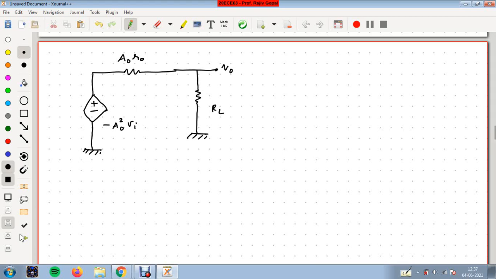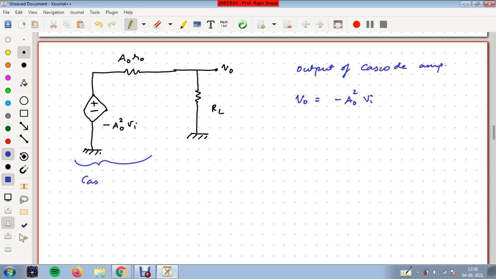So what is this? This part of the circuit. Okay, so I am reducing the entire cascode amplifier to one voltage source in series with one resistance. That voltage source which we get, the voltage which we replace that entire cascode amplifier with, is this. If you take the output of a cascode amplifier, V naught, we can write it as minus A naught square times Vi, right?